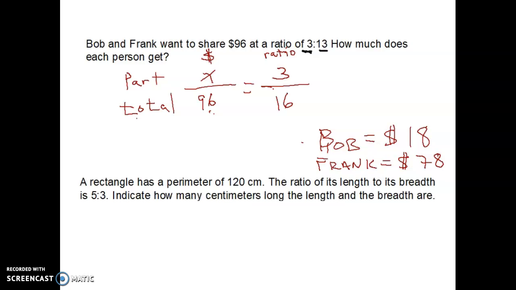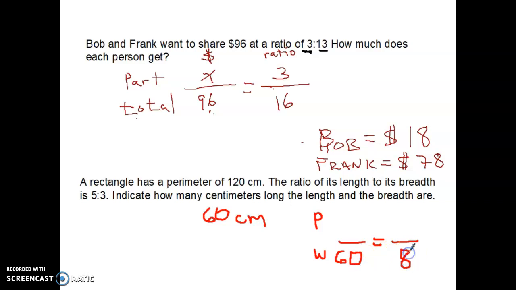The entire perimeter, we just want half. We want one breadth and one length. So we're going to call it 60. So we're going to use 60 centimeters. Okay, the whole is 60, so we're going to use 60 here. I'm trying to draw this with my mouse. Okay, and the whole, if I add the ratio together, is 8.